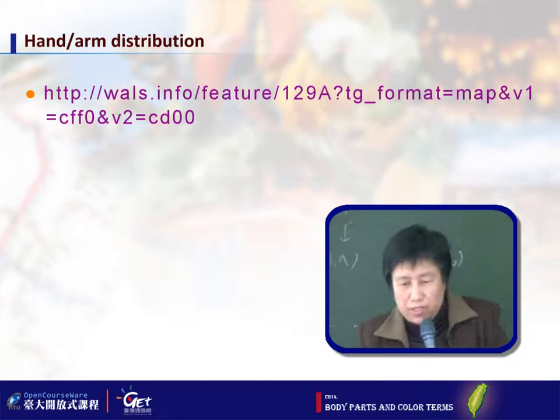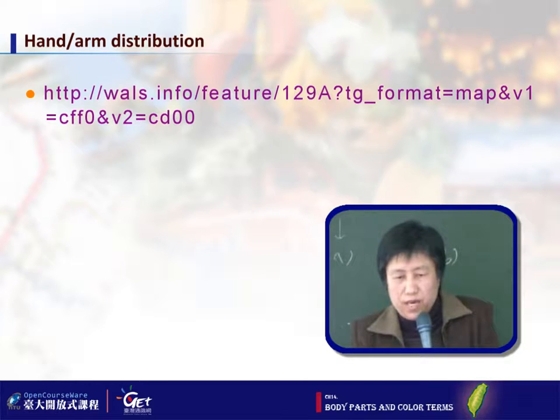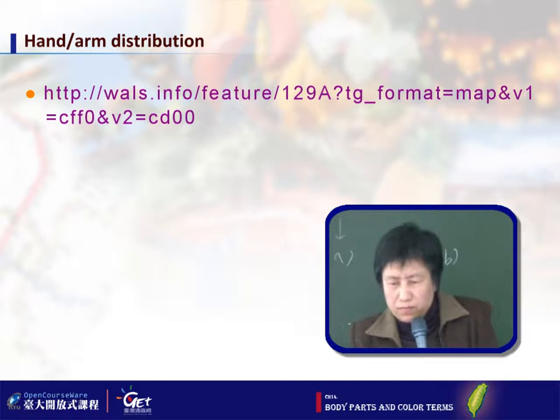So if you look at the distribution of that, the red dots are different, and the identical ones are the yellow dots.